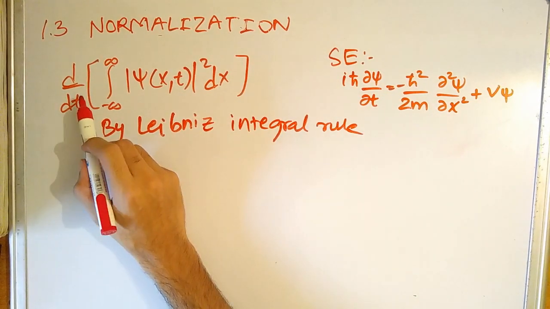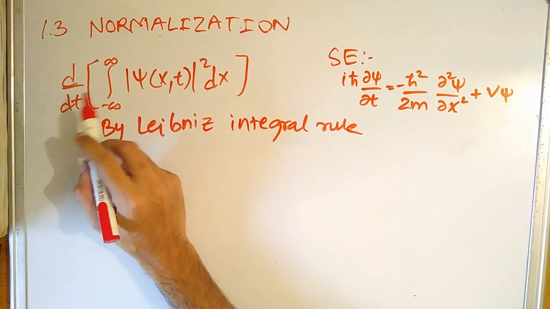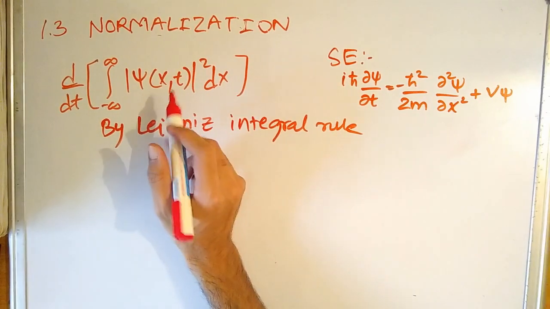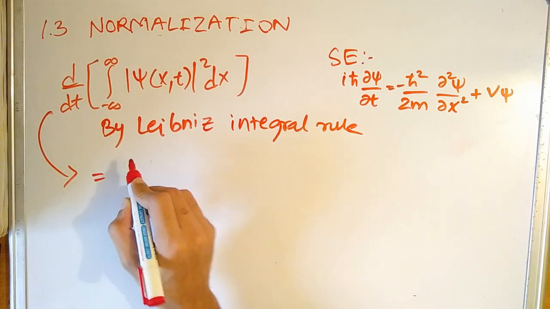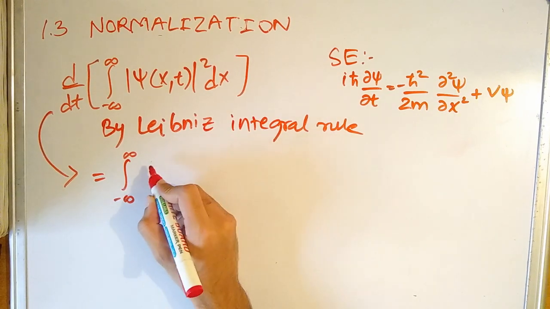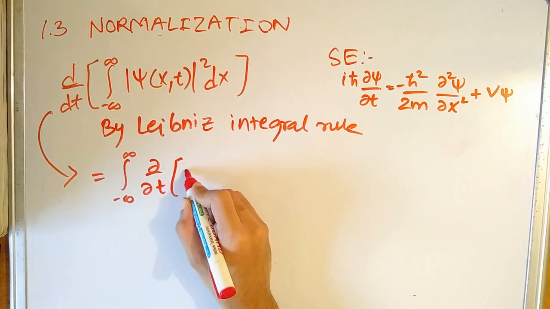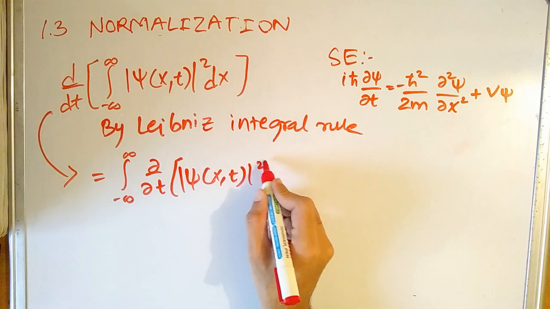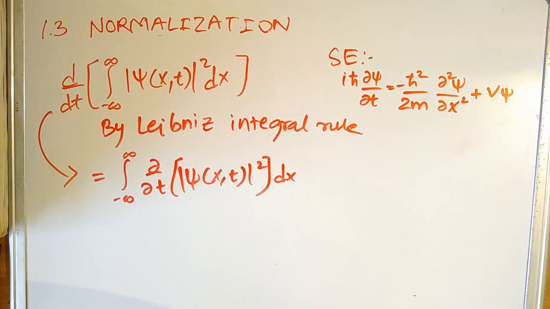we can take the derivative inside, but we will replace it by a partial derivative, as we won't differentiate the wave function with respect to x. So we can also write it as the integration from minus infinity to infinity of the partial derivative with respect to t of |psi(x,t)|^2 dx.